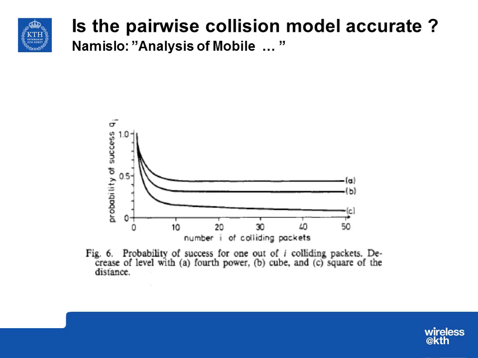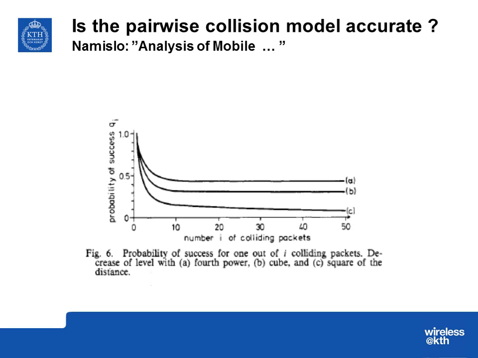Let's also look at the pairwise collision model and see if it's accurate. What Namislo did in his paper is that he compared the probability of success if i packets collided, and he used the uniform distribution over a circular disk, and he can see the dependence on the propagation constant alpha.